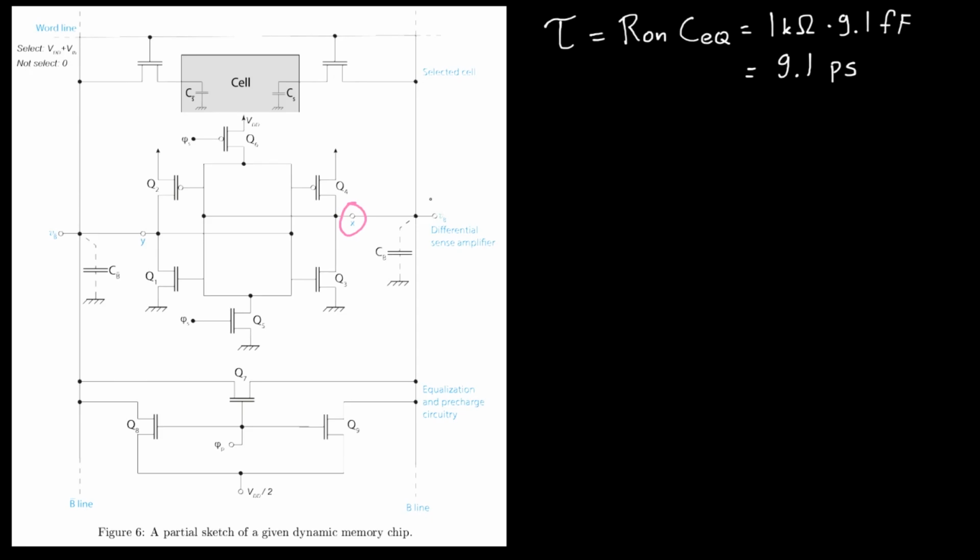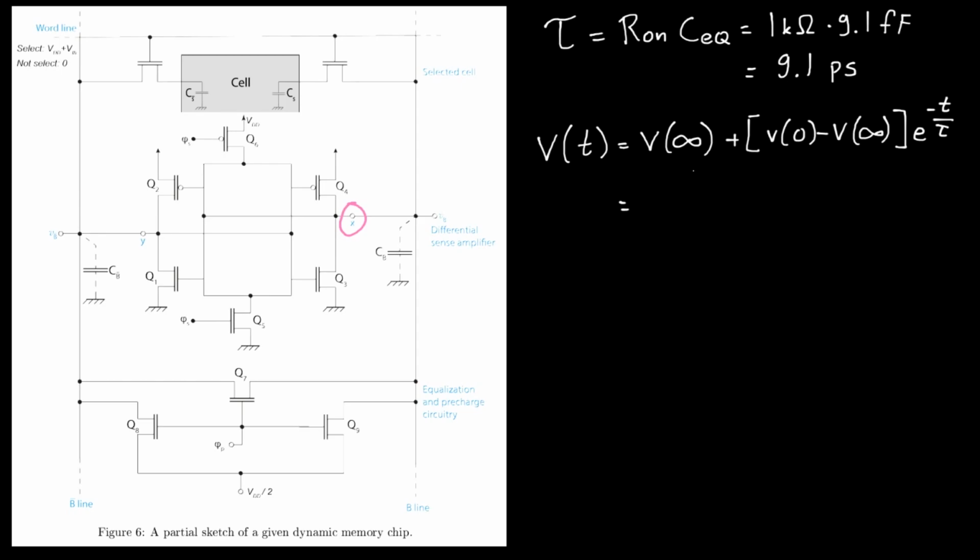We can now look at the time-dependent behavior of this node. We will model the behavior of the voltage in node X as a first-order step response. And the time-dependent function for that is given on the formula sheet and is the following. The voltage at time infinity was computed in question 31 and was found to be 545 millivolts. Plus the voltage at time 0 was also given, that's the pre-charge voltage, so that is VDD over 2, or in other words 500 millivolts, and then again minus 545 millivolts multiplied by that exponent here.